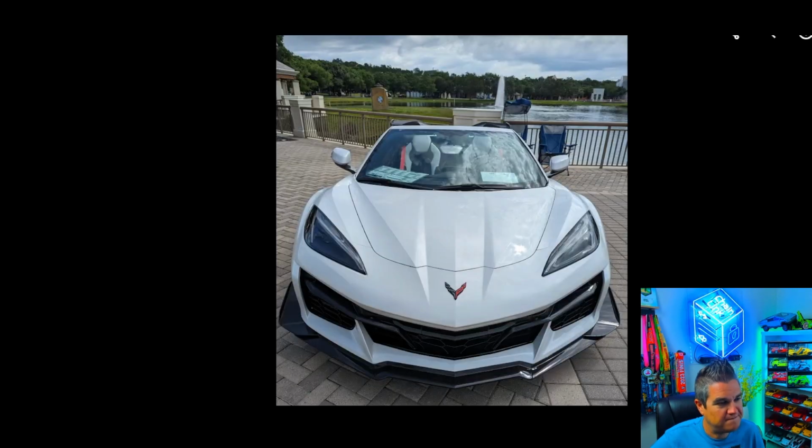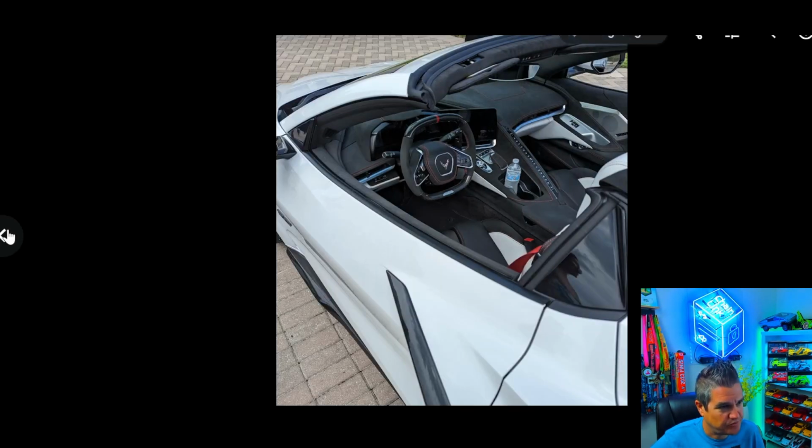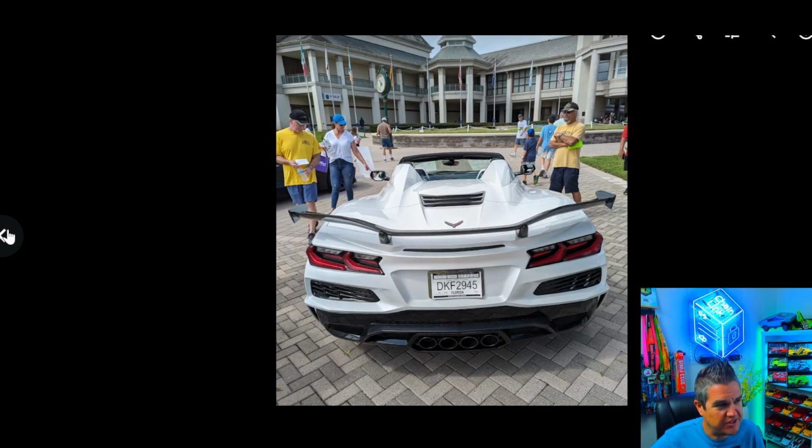Car of the day, Corvette Z06 convertible. Amazing. Saw this in person. One of the first ones I've ever seen. This was in July of this year. If you know anything about Corvettes, they came out right then. This guy drove from the Corvette dealer to this car show. It's a Corvette car show. So you can see this plate on there. Pretty crazy.